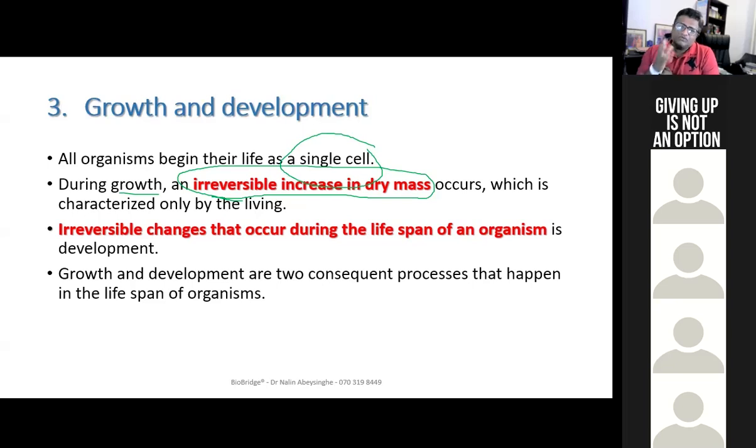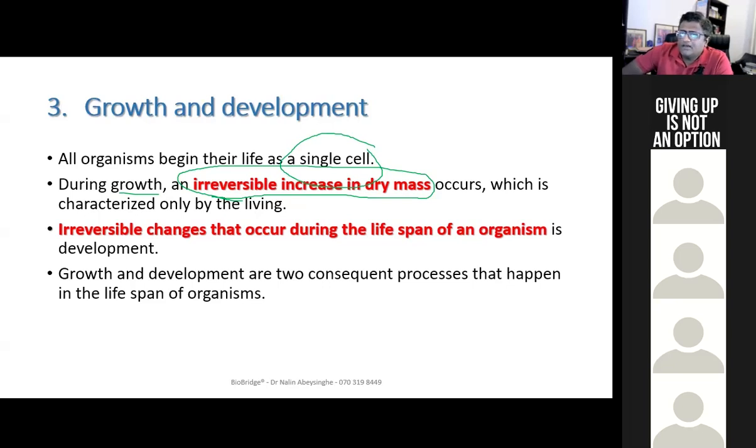You lose weight, and you can go to 50, 40, in the worst case scenario 30, but you won't go to 2 kilos. So that is irreversible. You can't come to the original state. It goes up. That is the dry mass.